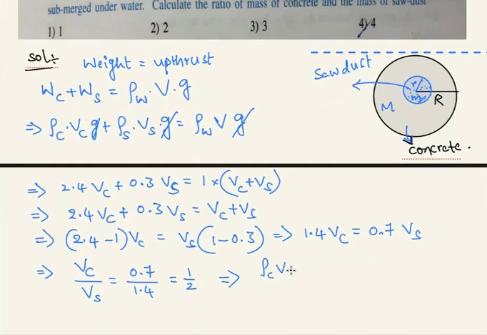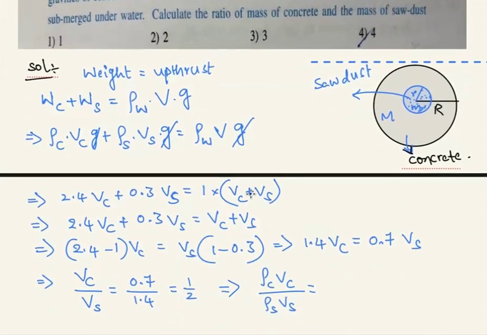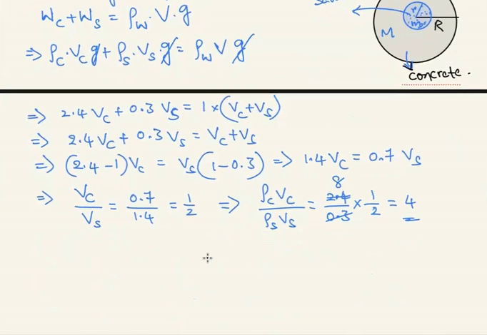So density rho C into Vc by rho S into Vs is equal to mass of concrete by mass of sawdust. అంటే? కాబట్టి rho C value ఎంత? 2.4 by 0.3 into Vc by Vs value we have got already. ఇప్పుడు ఎంత అవుతుంది? 3 1s 3, 8s. అవునా? 8 by 2 is 4. అర్థమవుతుందా? డెన్సిటీ ఇంటూ వాల్యూమ్ ని ఏమని రాస్తున్నాం? మాస్.